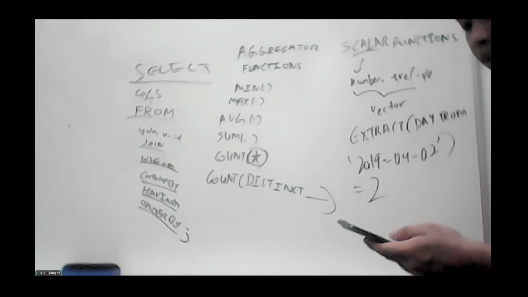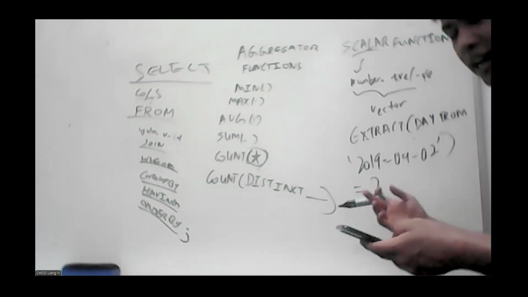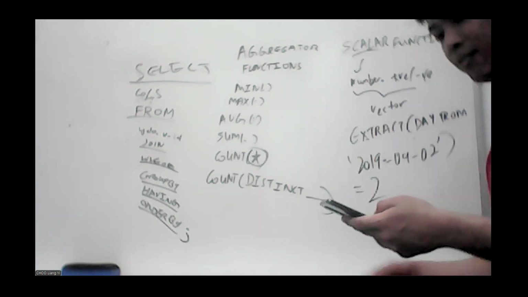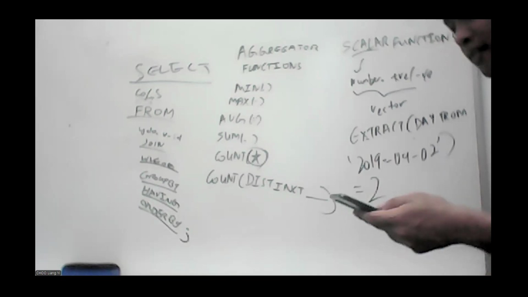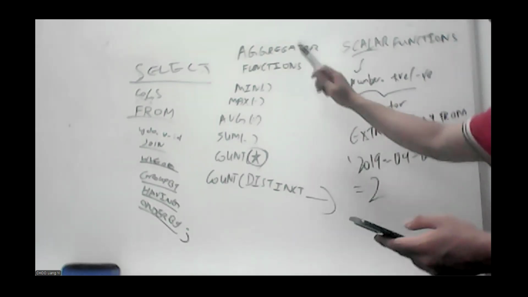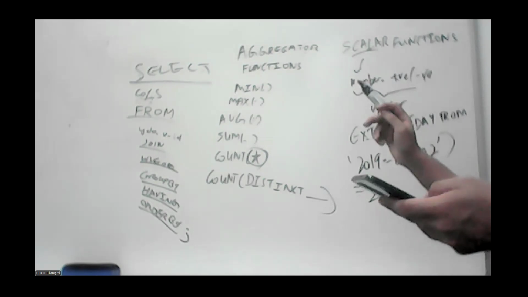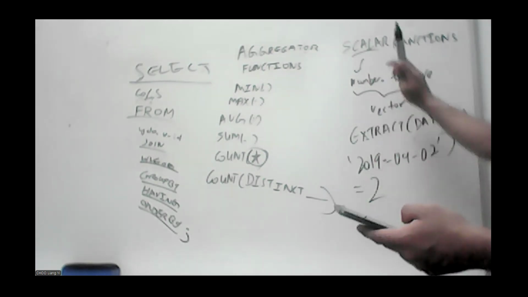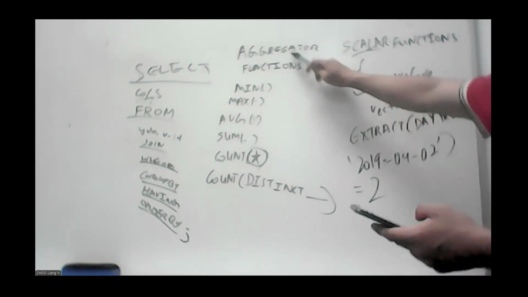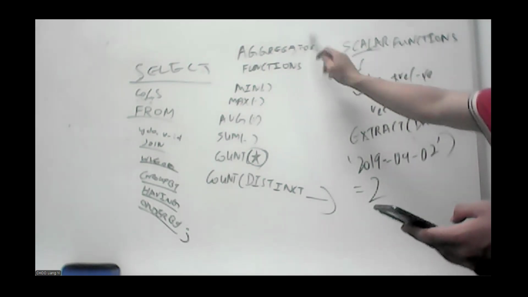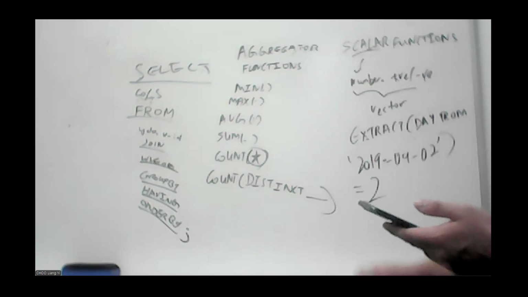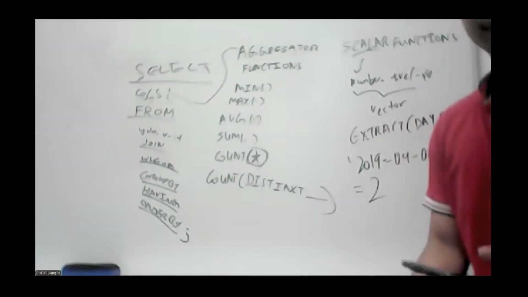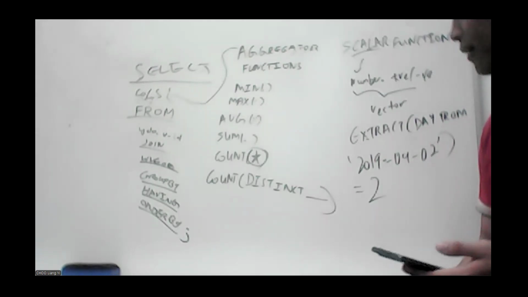Off the top of my mind, I don't know if there's a vector function, but there are a million functions. I don't intend to cover everything under the sun. So aggregator function, scalar function, just take note there's some difference. This one just extracts the number, aggregator will do something to the number. So these two are different, and they mostly come under column when you select it.